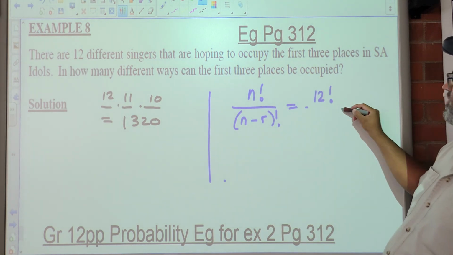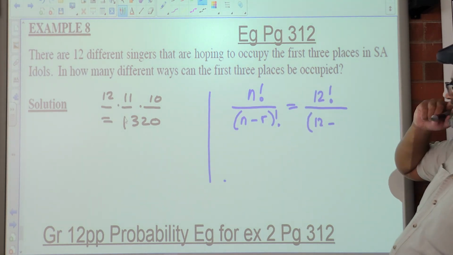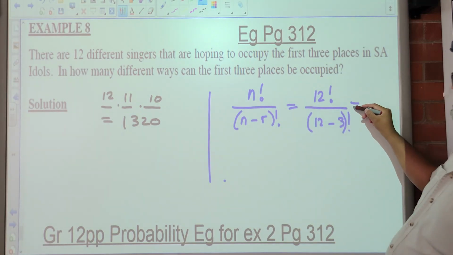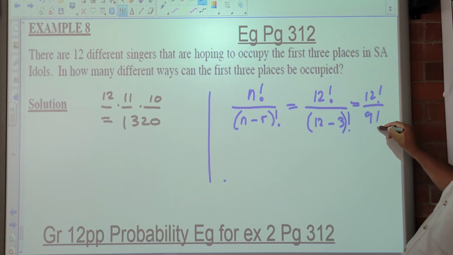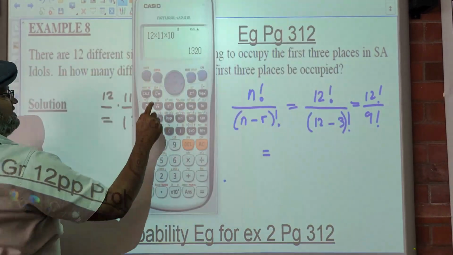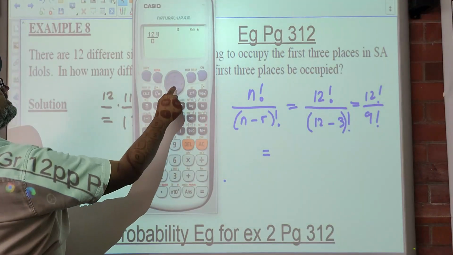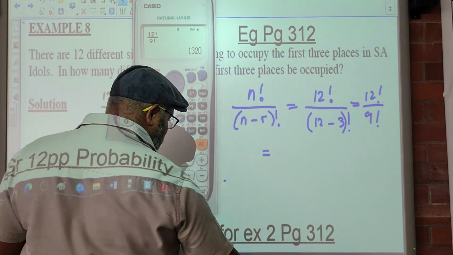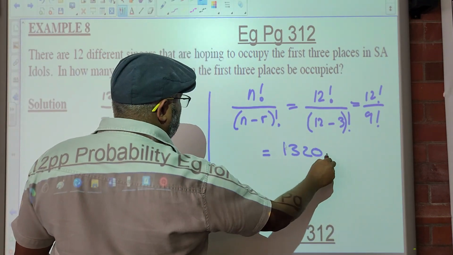So it's 12 factorial over 12 minus 3 factorial, which is the same as 12 factorial over 9 factorial. That's going to be 1,320.